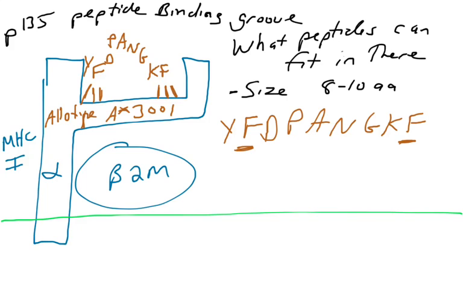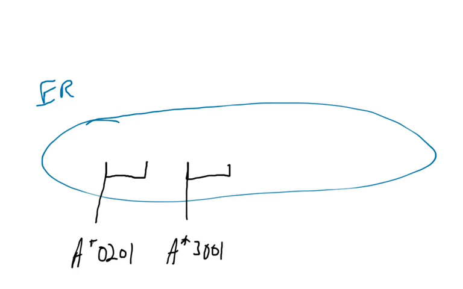So this peptide here, this random peptide I've drawn, has a phenylalanine at position 2 and 9. So it can get loaded into this peptide binding groove, right? And there's that interaction between the anchor residues of the peptide and the amino acids present in this allotype, this isoform, 3001.